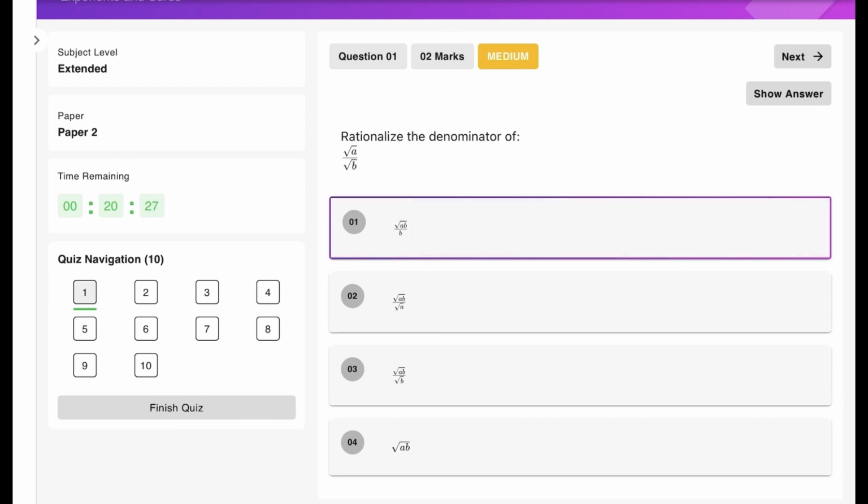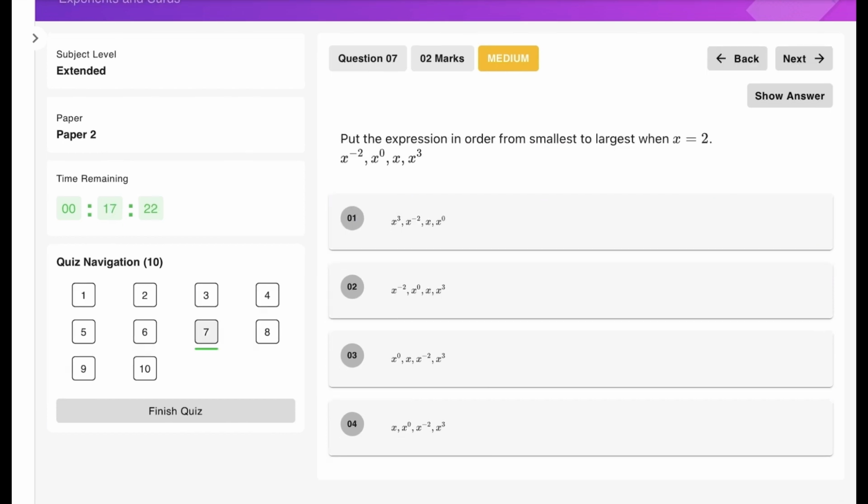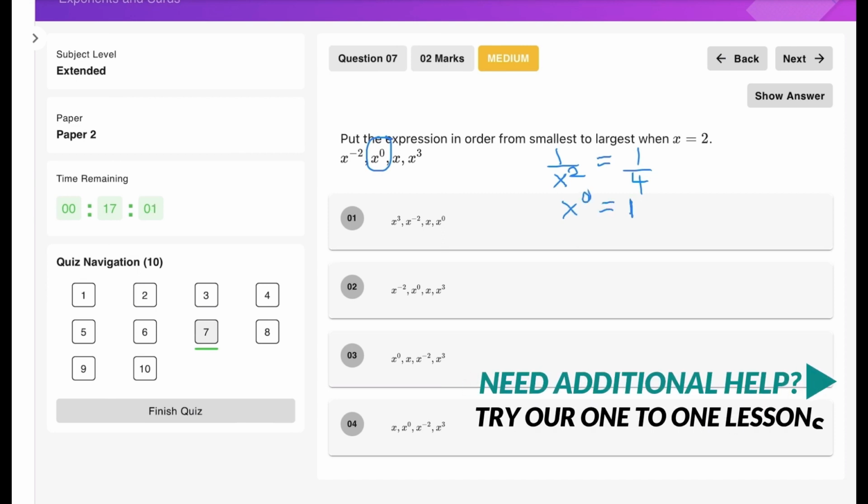Alright, so next one is to put the expressions in order from smallest to largest when x equals 2. The first one is 1 over x to the power of 2, which is the same as saying 1 over 2 squared, which is 1 over 4. Anything to the power of 0 is always 1, so x to the power of 0 is 1.